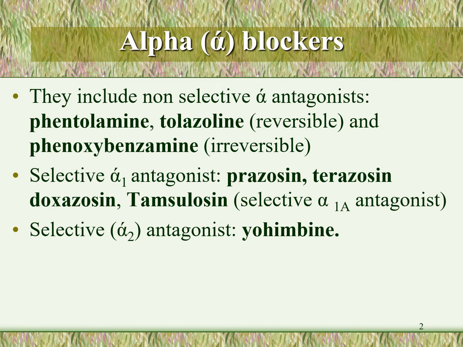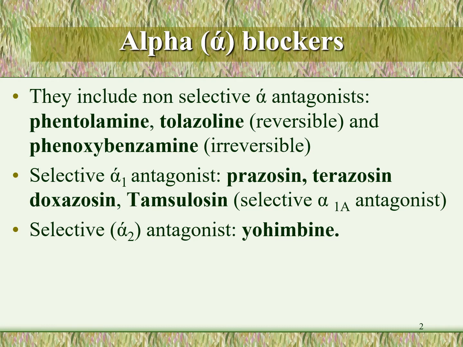Alpha blockers also include the selective alpha 2 antagonist. We have one example drug, yohimbine. We mentioned it previously. Yohimbine is a naturally occurring alkaloid which can selectively block the alpha 2 receptor, which occurs presynaptically.